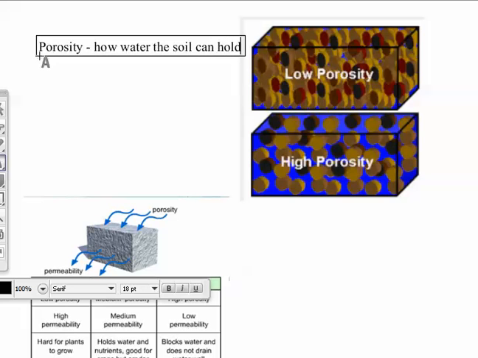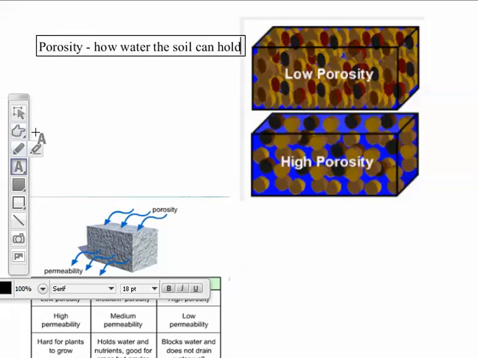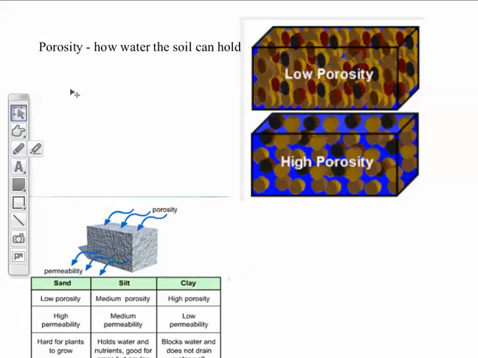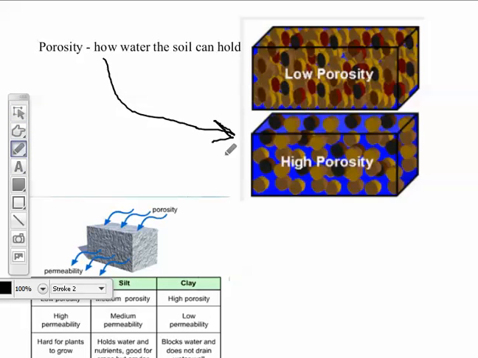So if it holds a lot of water, then it would have a high porosity. If it can only hold a little bit of water, then you would have low porosity. So if it holds a lot of water, and you can see in this example here, that's holding a lot of water, that would be high porosity. If it only holds a little bit, then that would be low porosity.